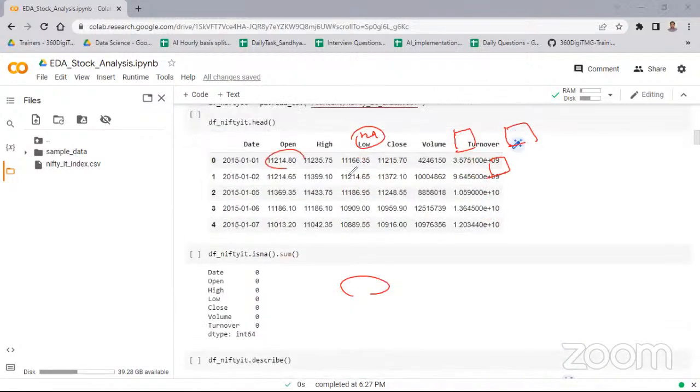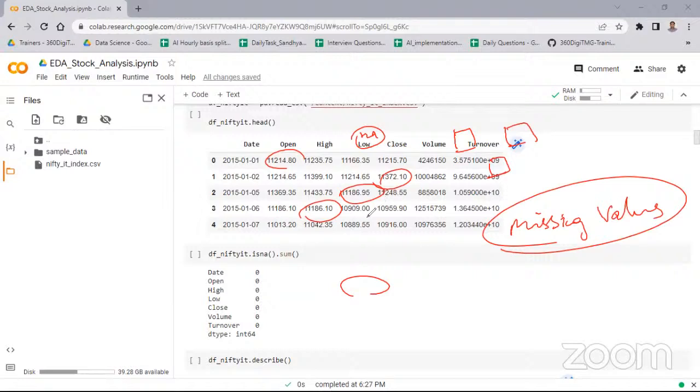Here this value will be empty, and here this value will be empty. If so, then I need to be cautious that the data should be completely without any missing values.